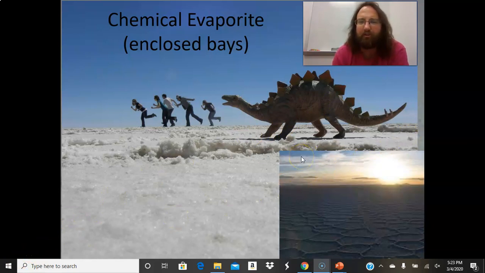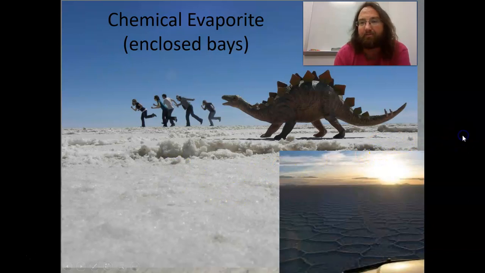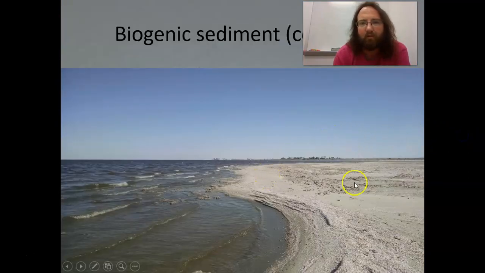We see this in more natural environments and generally climates that enjoy hot, dry weather for at least some part of the year. This here is actually a salt lake in Bolivia, located about 12,000 feet, but it's a pretty darn spectacular evaporite deposit. Here's some more.